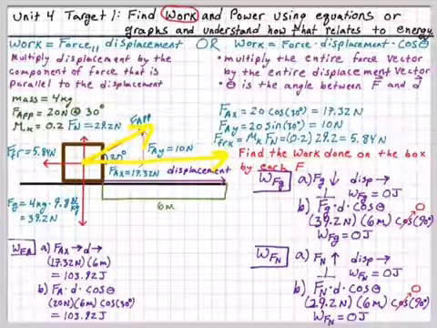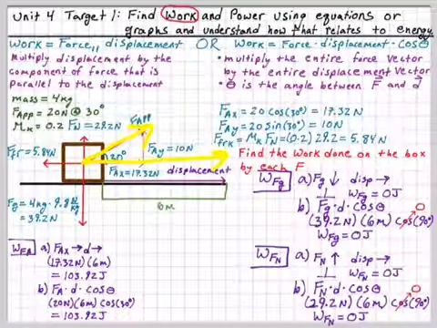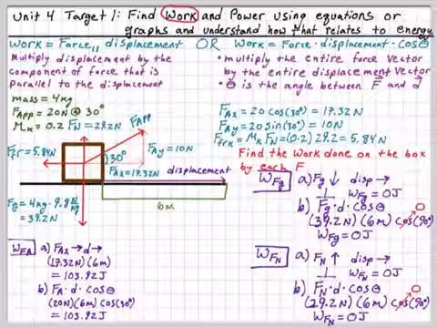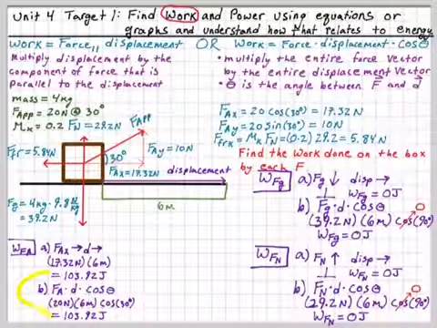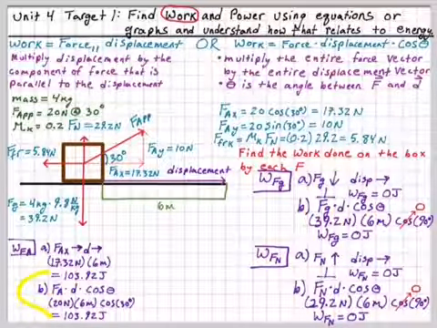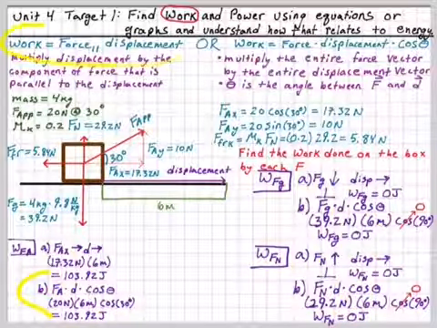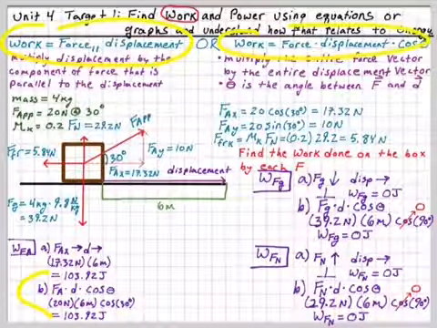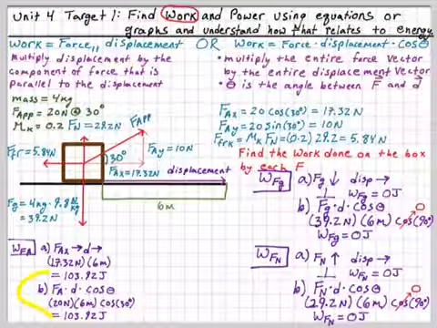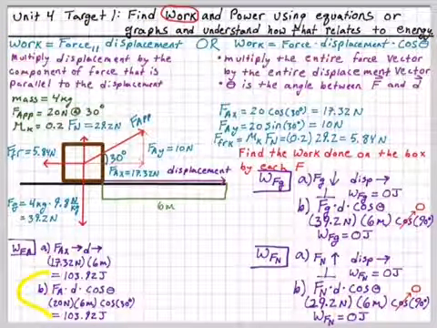So we are going to multiply it by cosine of 30. And sure enough, we find that we get the same answer either way. And that, like I said earlier, is part of the point of this, that you need to be able to use and understand this equation for work and this equation for work, and be able to know how to apply them, and they're similar in different ways.